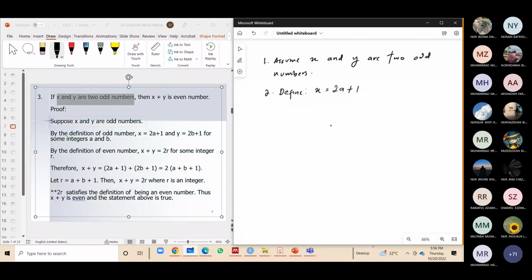For an odd number. So whatever value you substitute into a, you will get an odd number. Okay, this is for x, and then y. y is also an odd number. So y equals 2b plus 1, for some integers a and b.